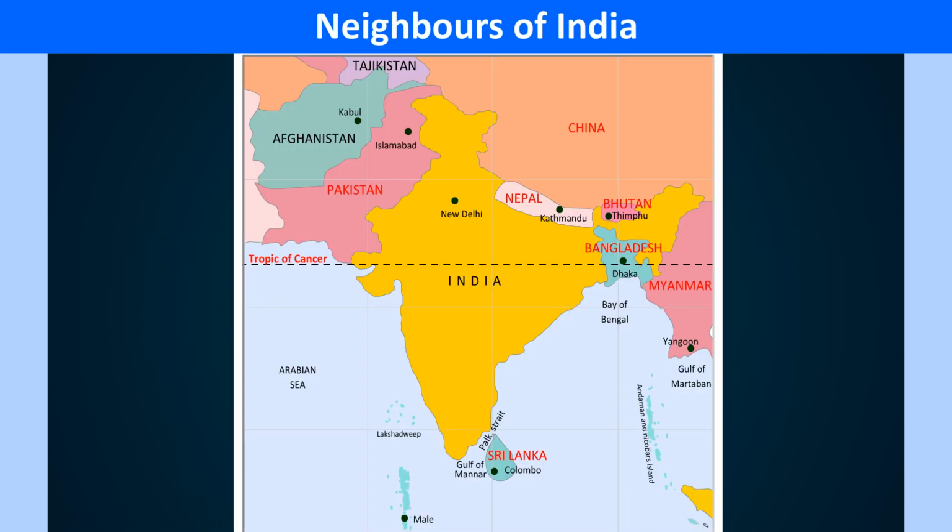Neighbors of India: Pakistan, Afghanistan, China, Nepal, Bhutan, Bangladesh and Myanmar are the countries bordering India. The island country of Sri Lanka lies off the southeast coast of India. Pakistan, Nepal, Bhutan, India and Bangladesh together form a huge landmass commonly referred to as the Indian subcontinent.